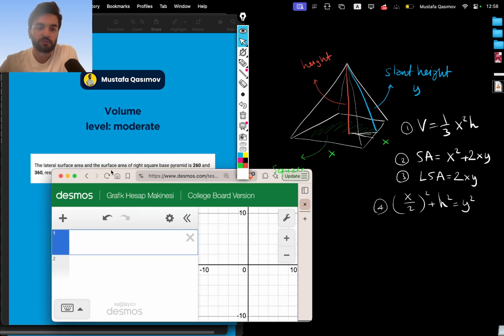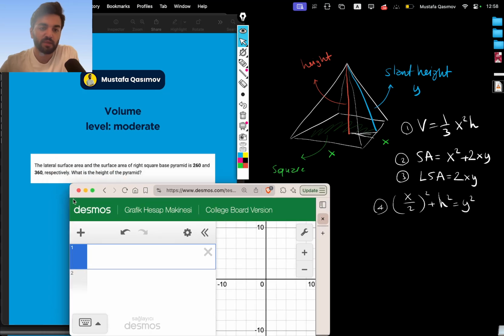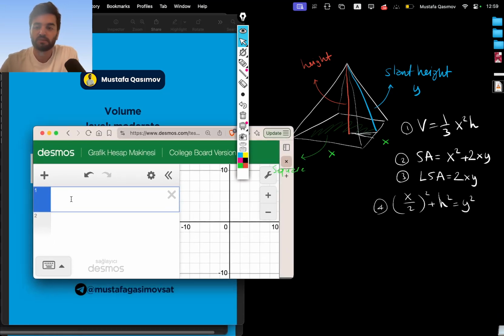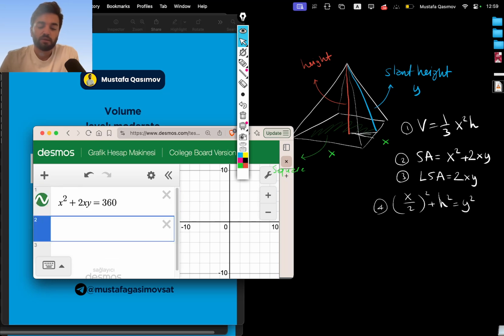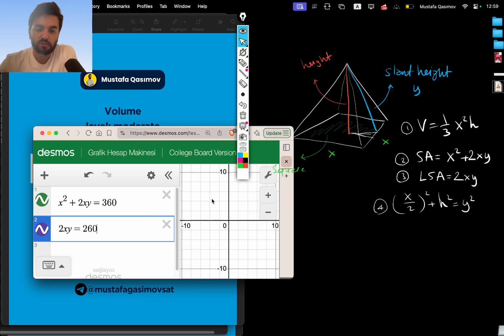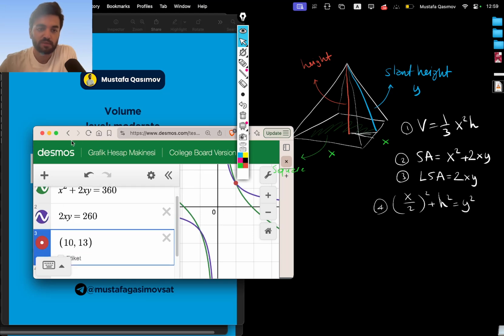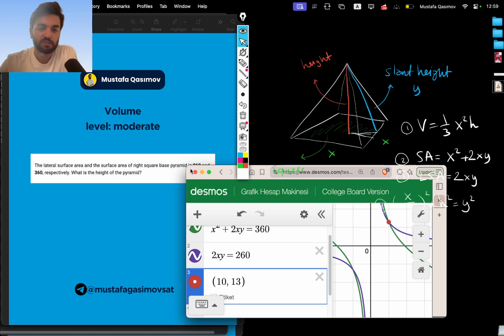Okay, first of all, you can see that lateral surface area is equal to 260 and surface area is equal to 360. So let's write the surface area first: x squared plus 2xy is equal to 360. 2xy is equal to 260. Then look at this intersection point. It is 10 and 30, right? What do we need to find? The height of the pyramid.